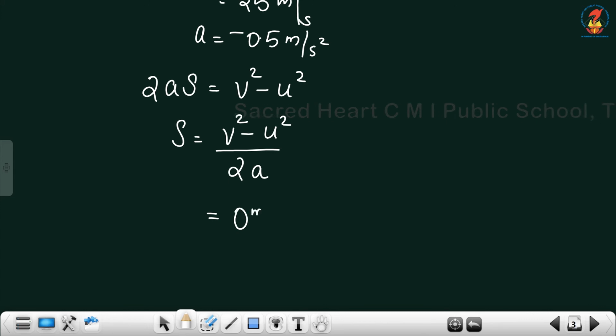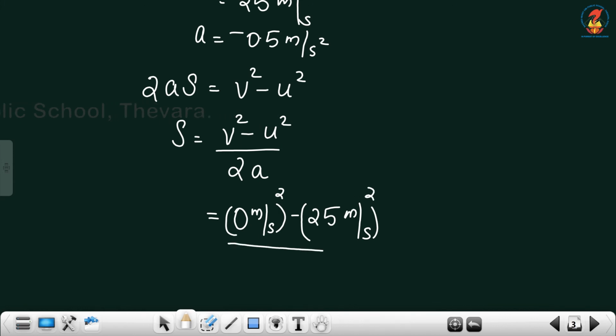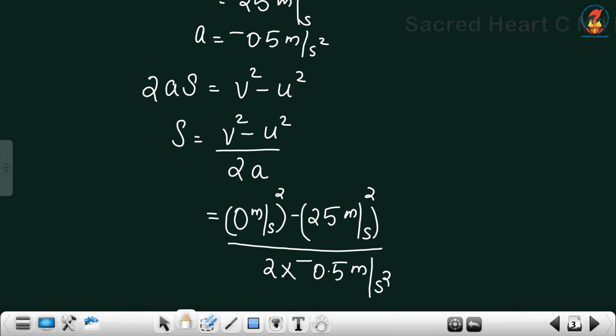That is 0 meter per second the whole square minus U, that is 25 meter per second the whole square, divided by 2 into acceleration, minus 0.5 meter per second square.